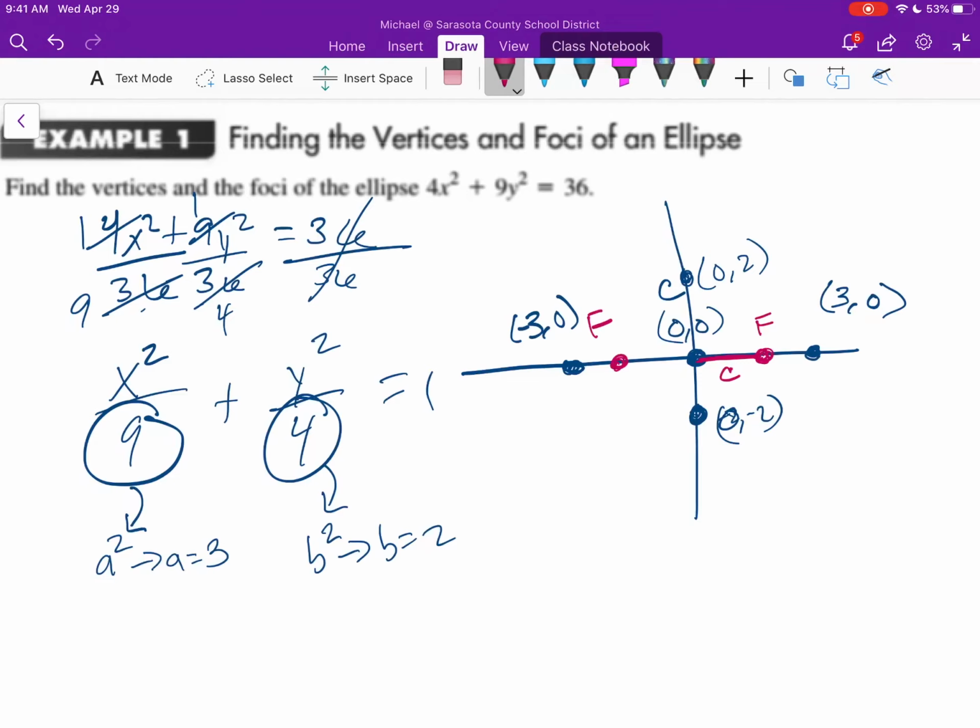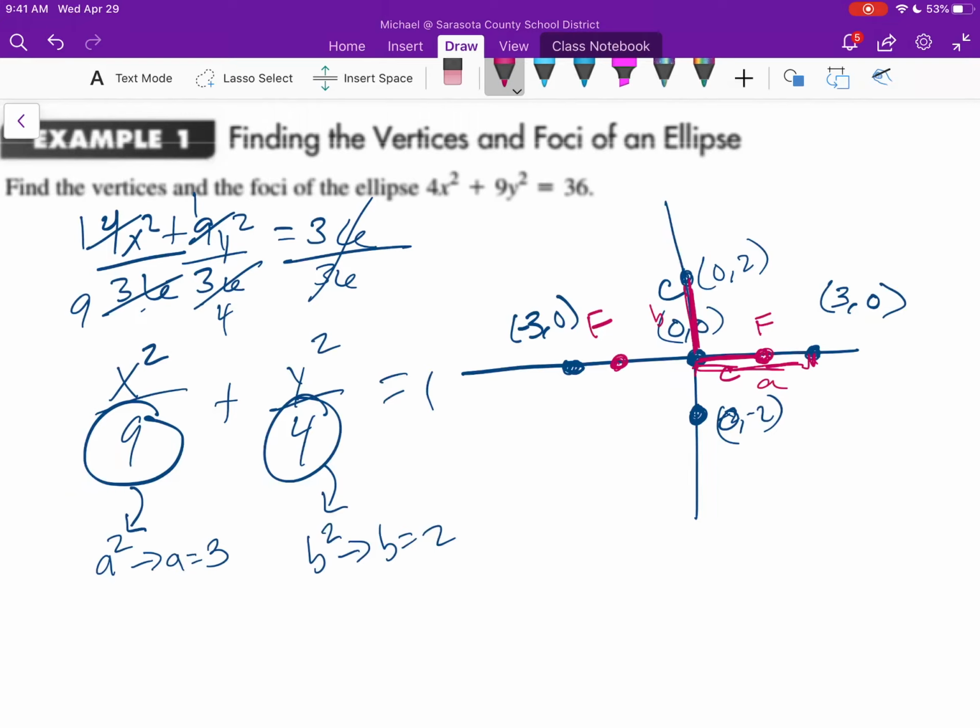The distance from the center to the vertex was lowercase a, and the distance from the center to the minor axis was lowercase b.